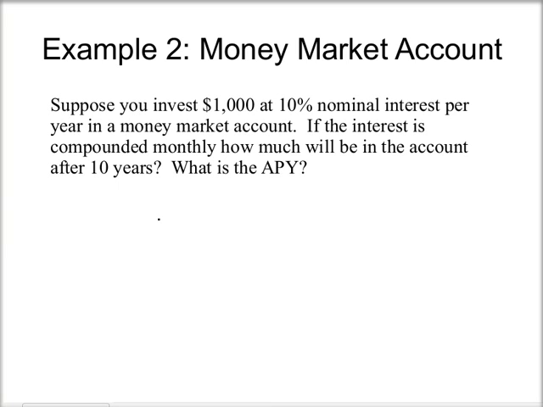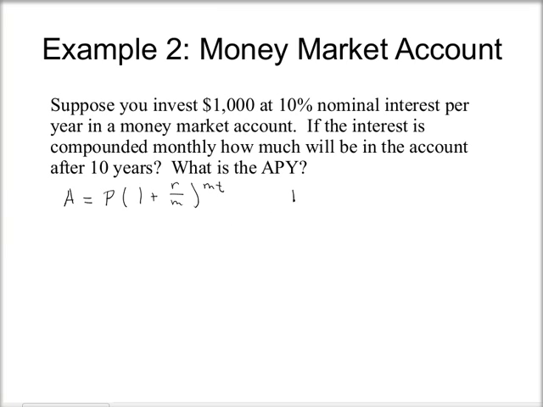And I'm going to use my second formula for compound interest with the nominal rate and the number of times that interest is compounded per year. So A is equal to P times 1 plus R divided by M to the power of M times T.